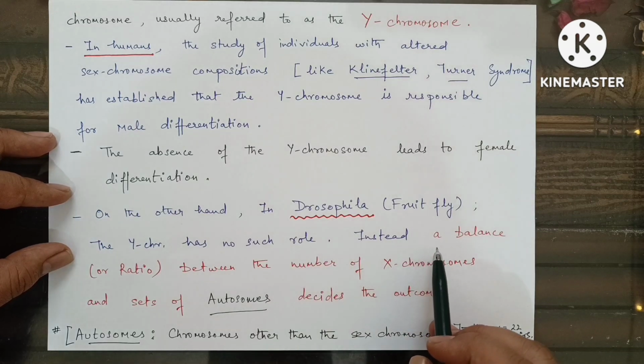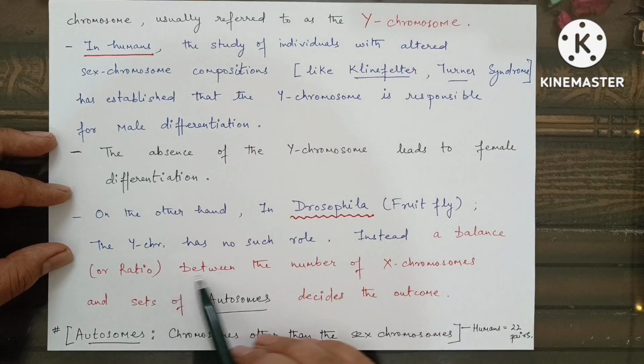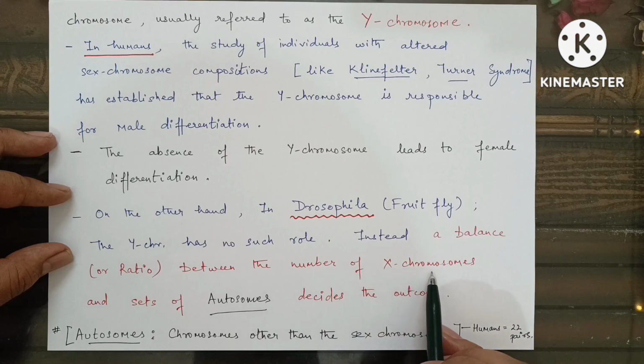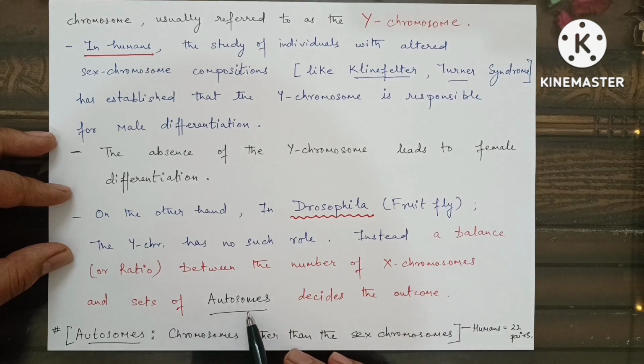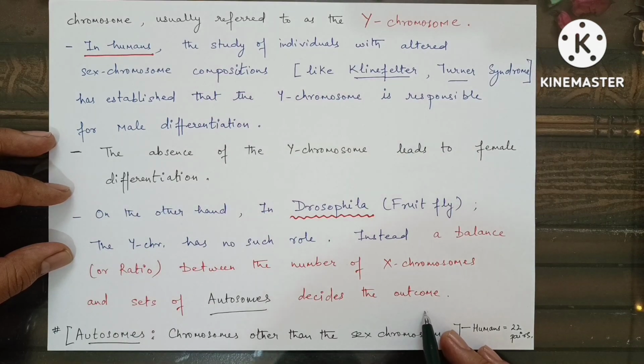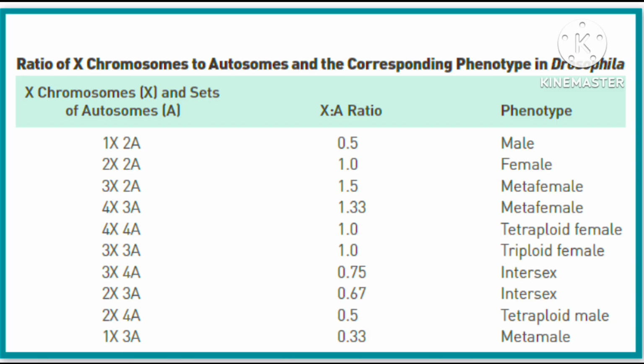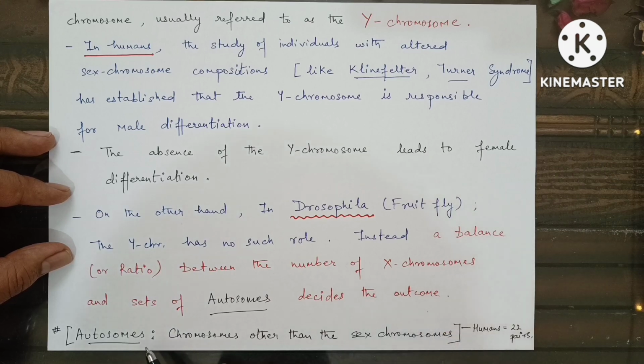Instead, a balance or ratio between the number of X chromosomes and the sets of autosomes decides the outcome. Autosomes are the chromosomes other than the sex chromosomes. In humans, these are 22 pairs.